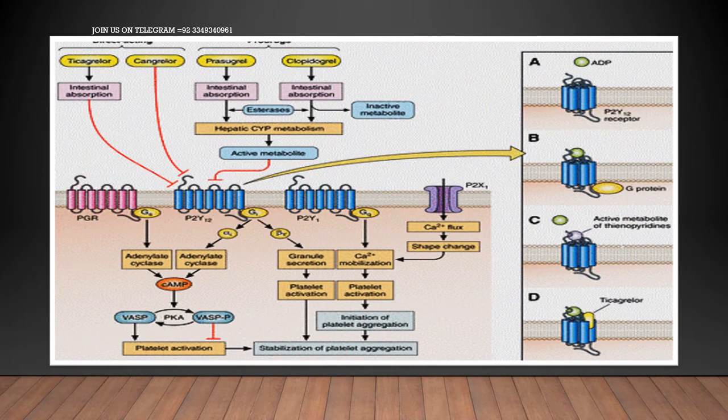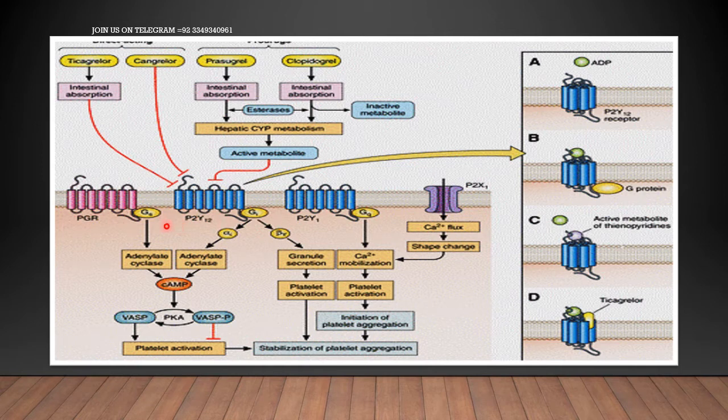So here is an illustration of the mechanism of action of the different P2Y12 receptor antagonists. PRASUGREL and CLOPIDOGREL are prodrugs, while TICAGRELOR and Cangrelor have a direct action on the P2Y12 receptors.